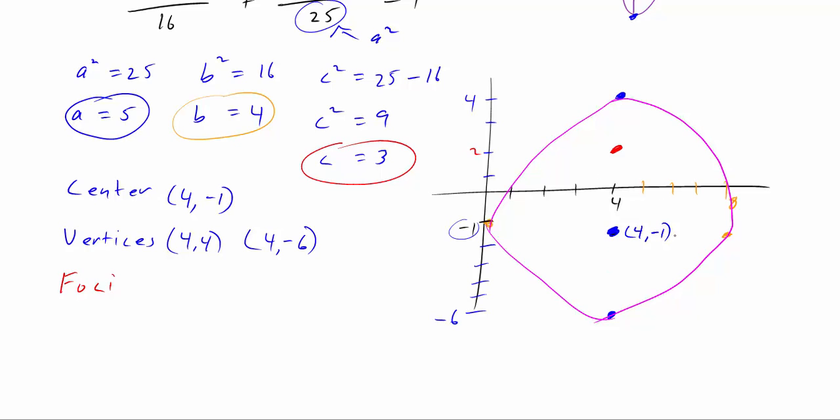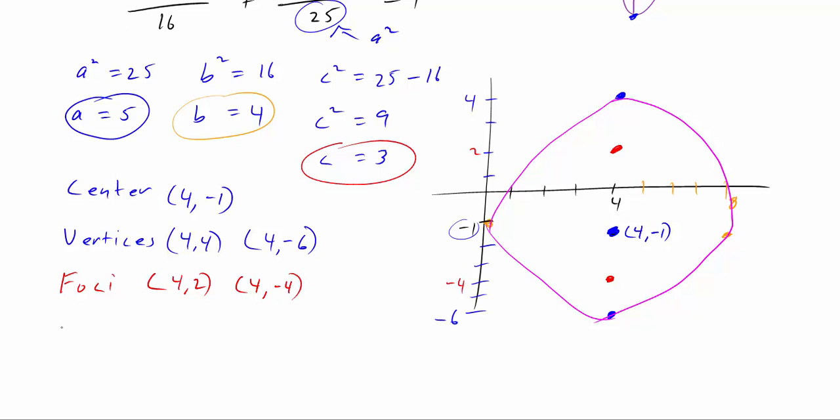And we're going to go down 3, so negative 1 minus 3 would put us at negative 4. So there we have our foci, which would be located at 4, 2, and 4, negative 4.